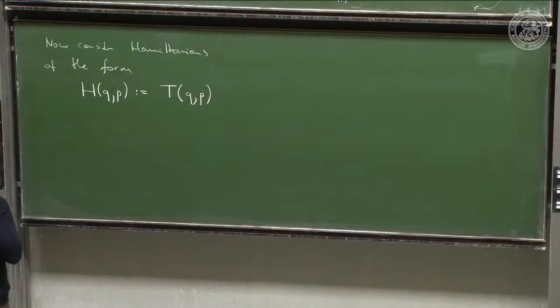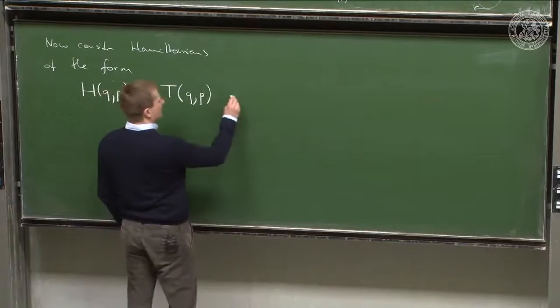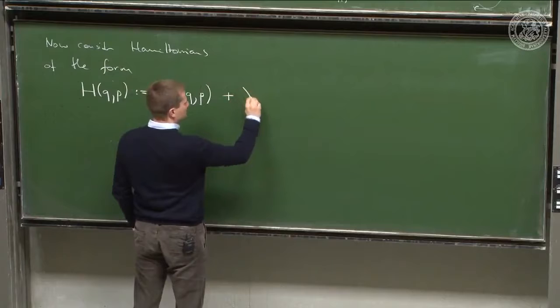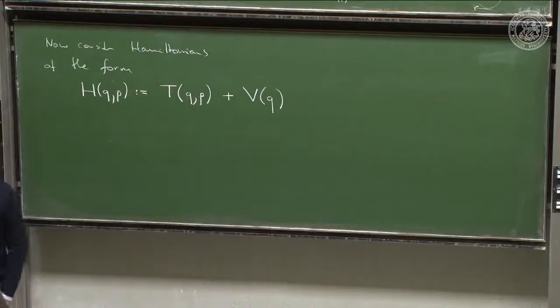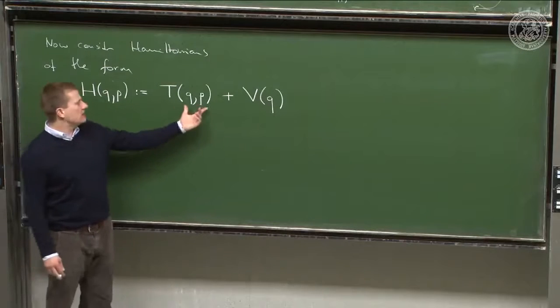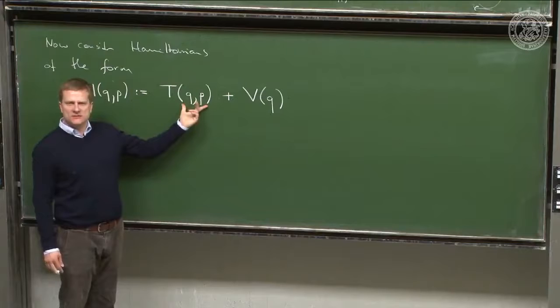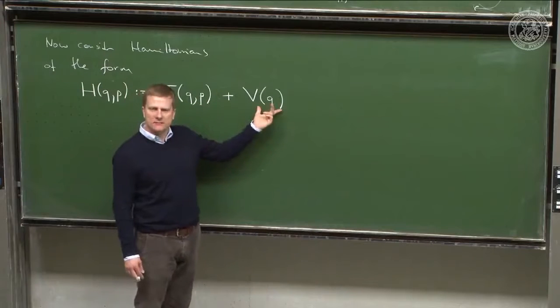This is usually not done in flat space, in flat base space, but here we'll allow it, plus a potential energy part, which, however, we now require to depend only on Q. And so this should be a clear split. All the dependence on P goes into this kinetic part, okay, and all the remainder goes there.